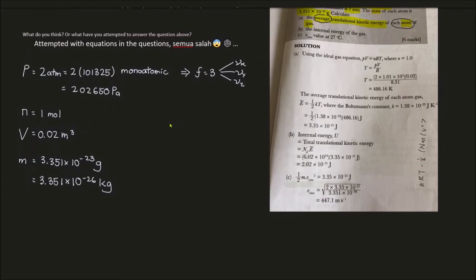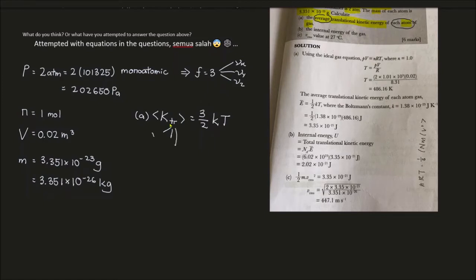So we know that for translational kinetic energy, let's write here. It should be average translational kinetic energy, then it should be 3/2 kT. 3 is the degree of freedom that we have here. It's not just the degree of freedom, but when we talk about translational motion, this TR here is translational motion.